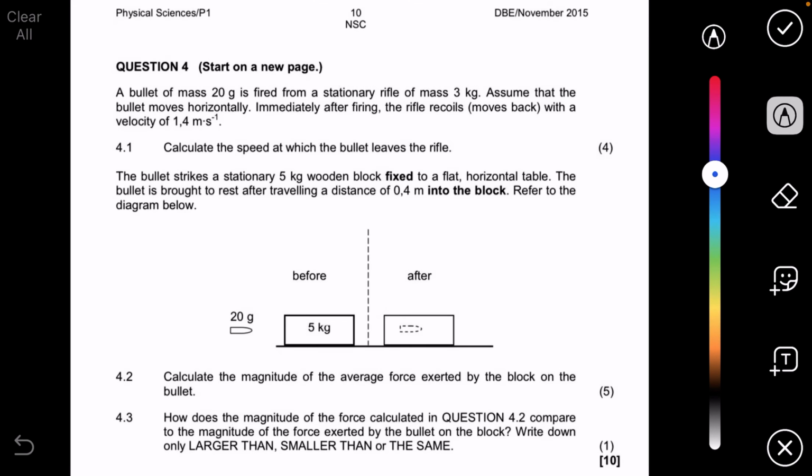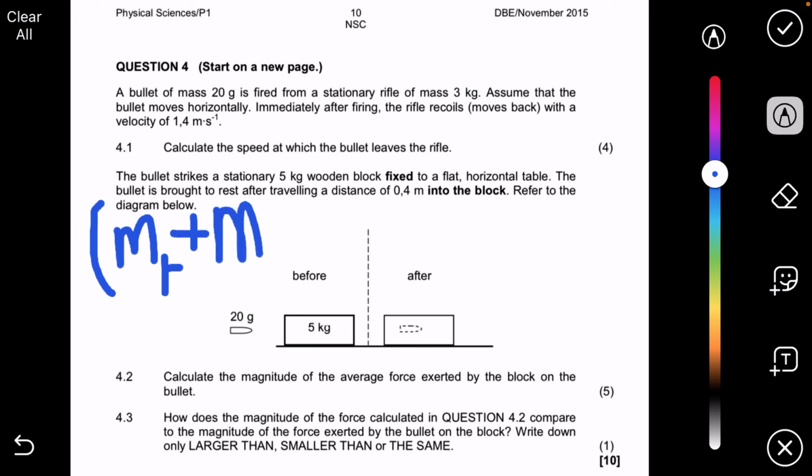Now, ladies and gentlemen, let me show you something very interesting. Remember, guys, this is the type of question where initially you've got the mass of the rifle combined with the mass of the bullet. Both of these have the same velocity. I'm just teaching you how to formulate an equation for this problem.